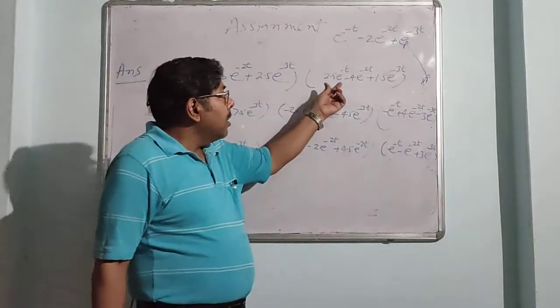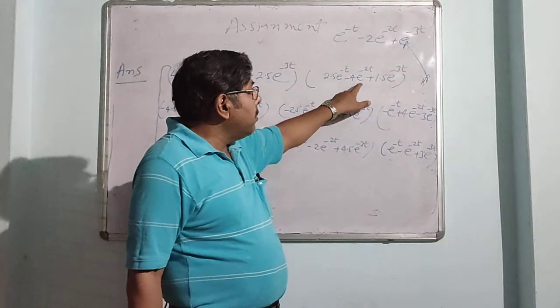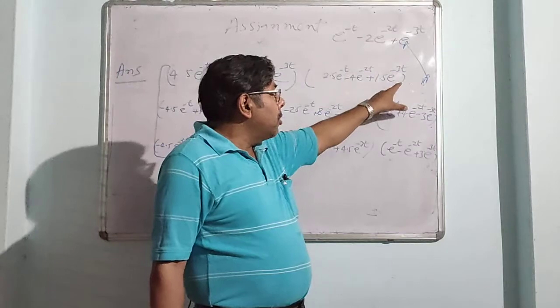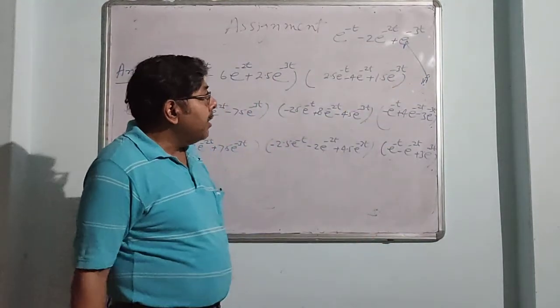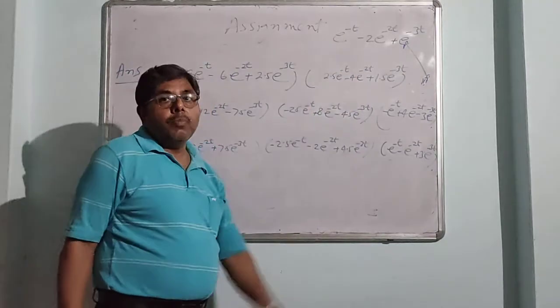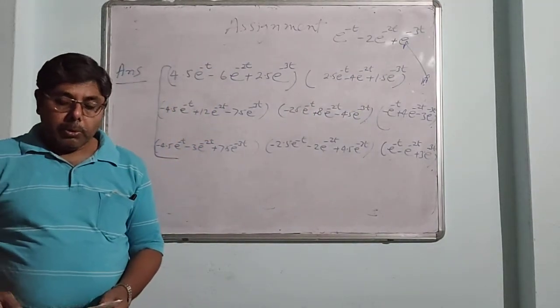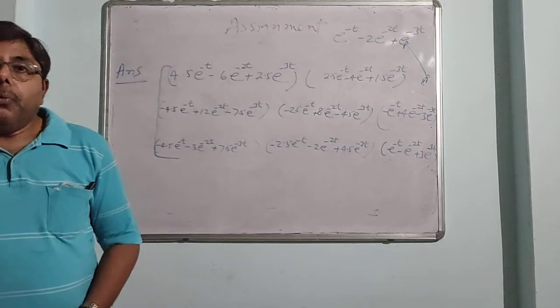Similarly here, all these three terms will contribute their own terms, and when they are added you will get a series. This is all about computation of S.T.M. Thank you for today.